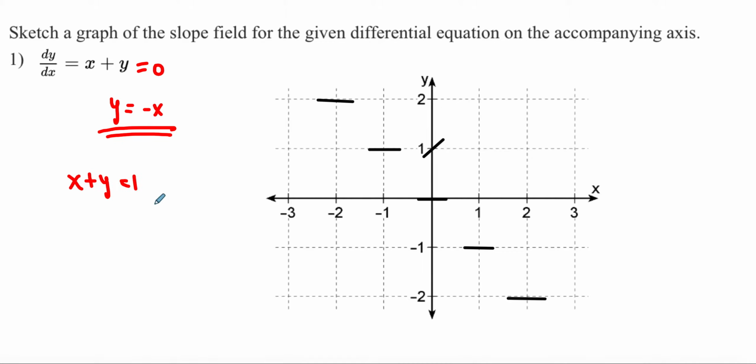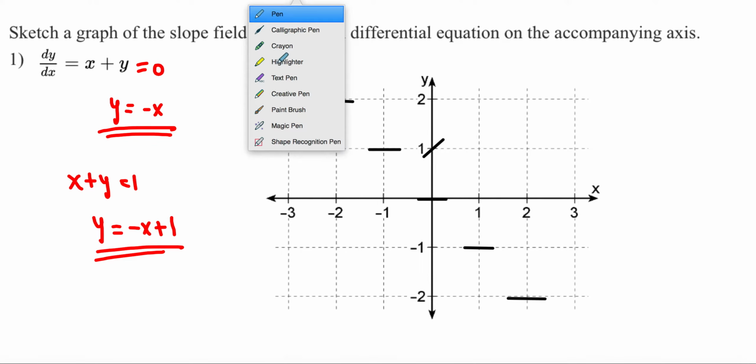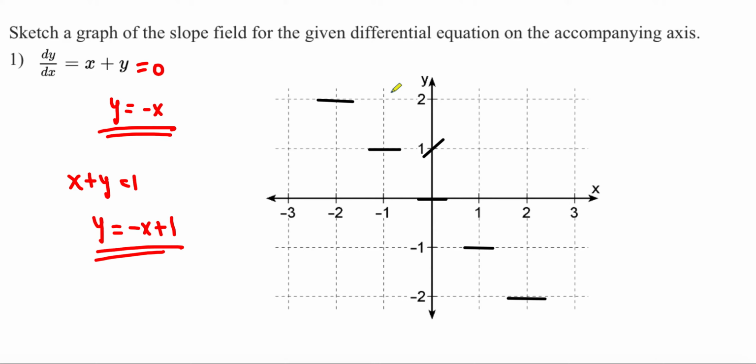Then when I subtract x, I realize that y equals negative x plus 1. Along this line, I know that dy over dx, the slope, is equal to 1. So along that line, slope is equal to 1.